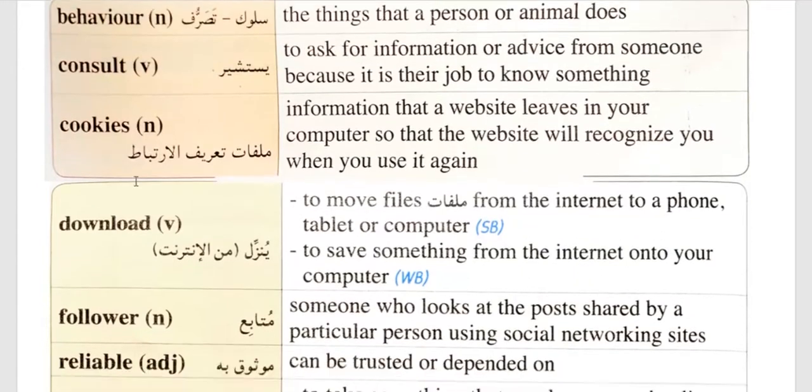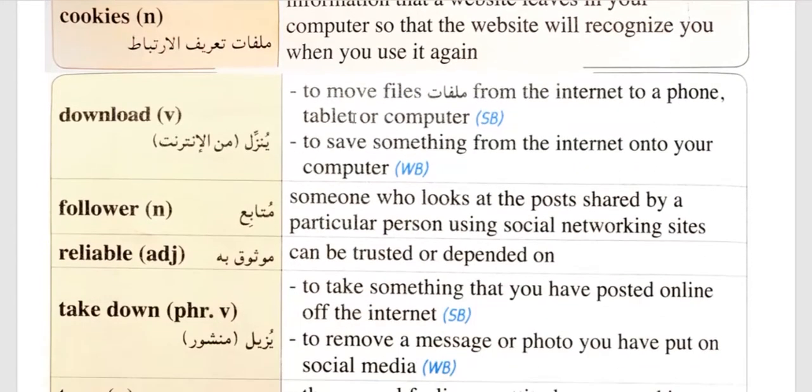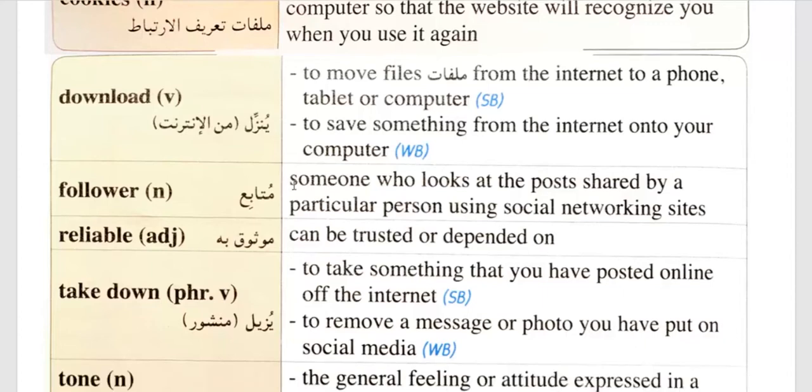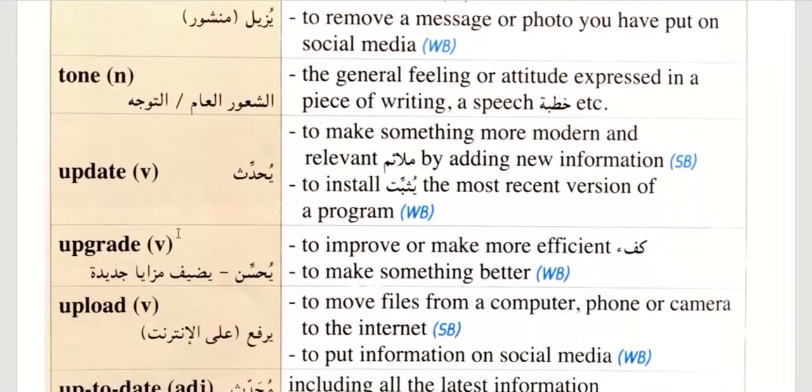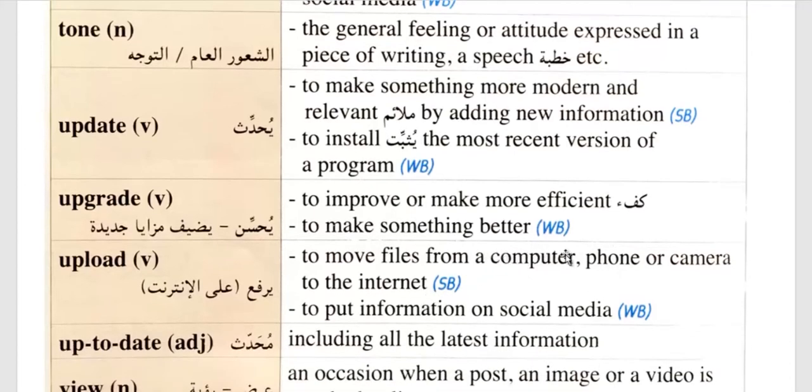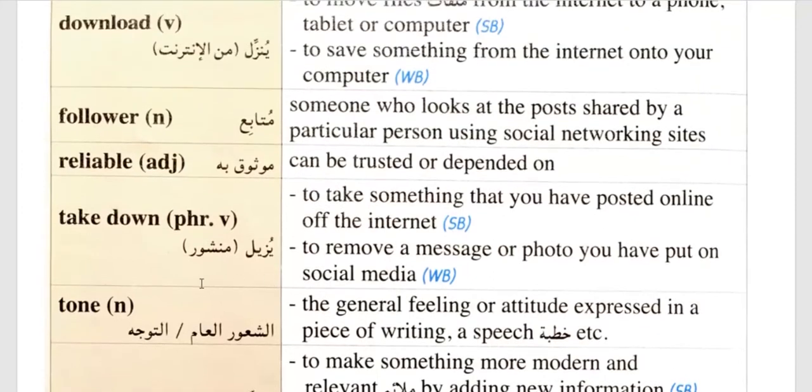Download, to move files from the internet to a phone, tablet or computer. The source is the internet, or to save something from the internet onto your computer. As for upload, to move files from a computer, phone or camera to the internet, or to put information on social media.